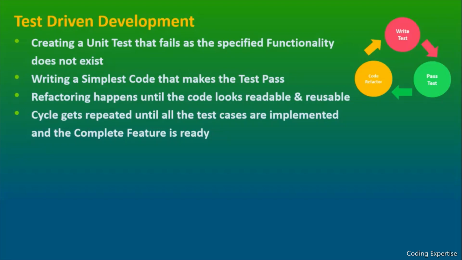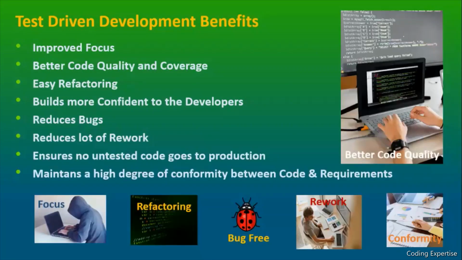Let's move on to test-driven development benefits. You could see here, the developer is completely focusing on one particular functionality or one particular test case. So it doesn't have any deviation or any disturbances, which improves the better code quality and coverage. They also perform code refactoring, which builds more confidence to the developers, and there is no chance of getting UAT bugs or production bugs.